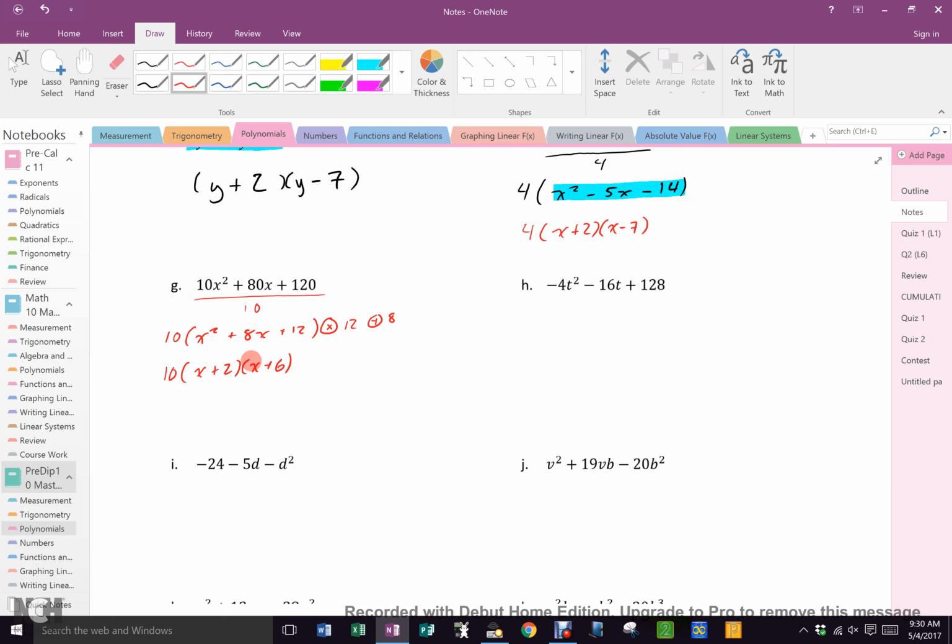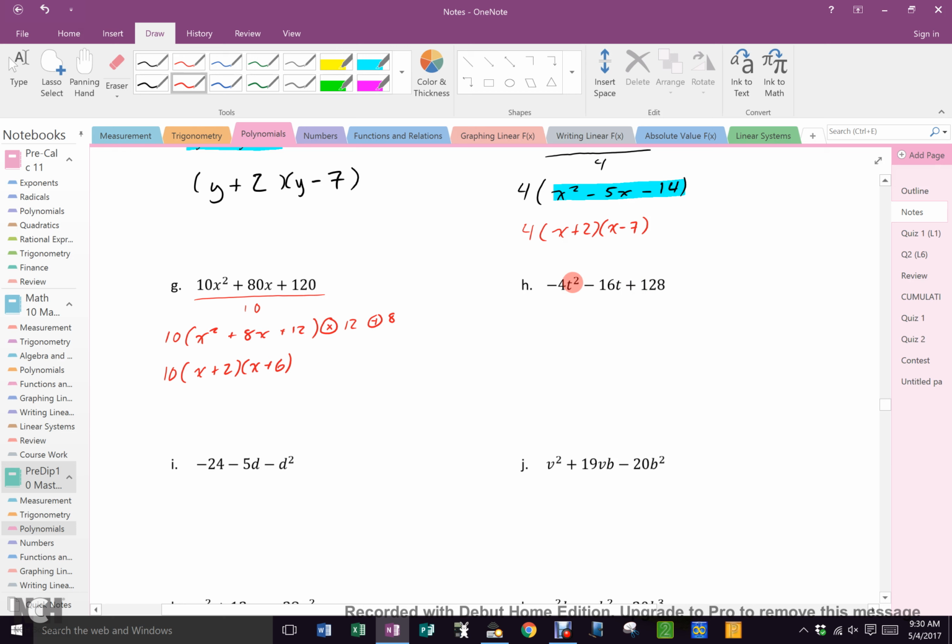H is weird. Why? There's a negative 4. Now, what do I call that first type of factoring that I taught you? Greatest common factoring, yes? That's really a bad name for it. Everybody calls it greatest common factoring. Because what do I want to get rid of here?